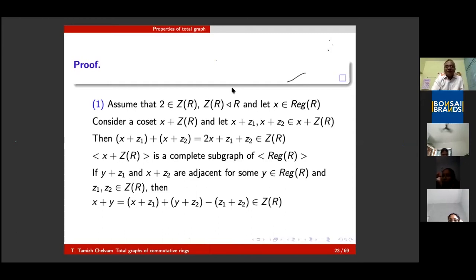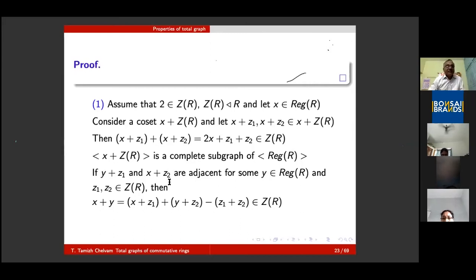Okay. Now, please note that I am talking about the subgraphs induced by each of the cosets. Now the question that comes into the picture is, if you take one element from one coset and another element from another coset, what about the edge between them, whether it exists or not? Suppose I take one element y plus z1, which is an element of y plus Z of R, and another element x plus z2 of x plus Z of R. If they are adjacent, what will happen?